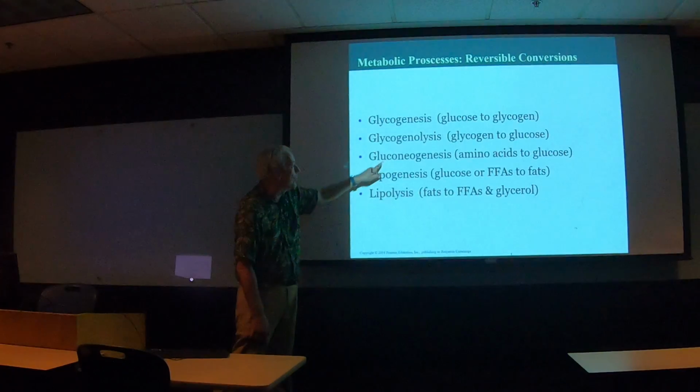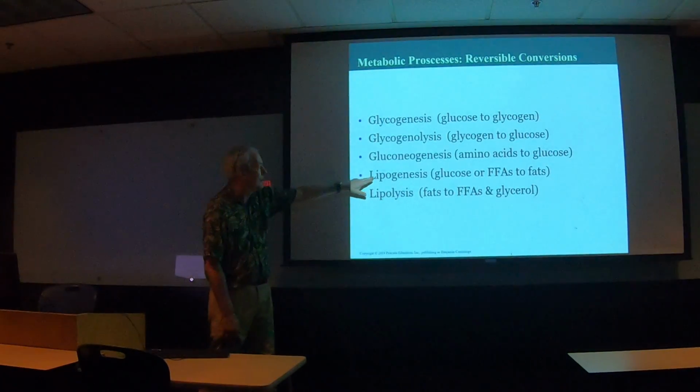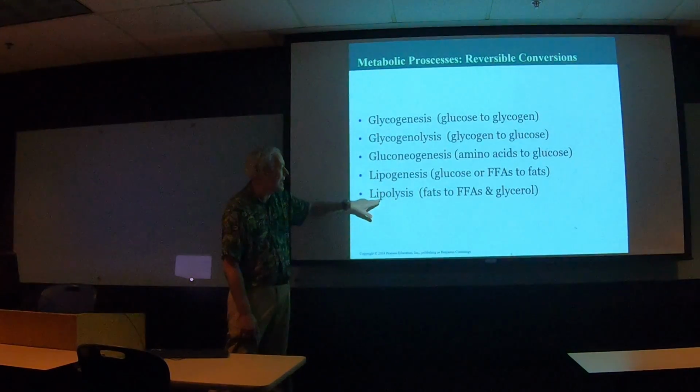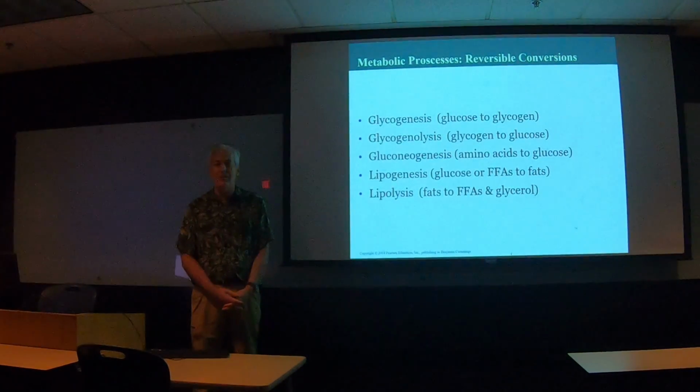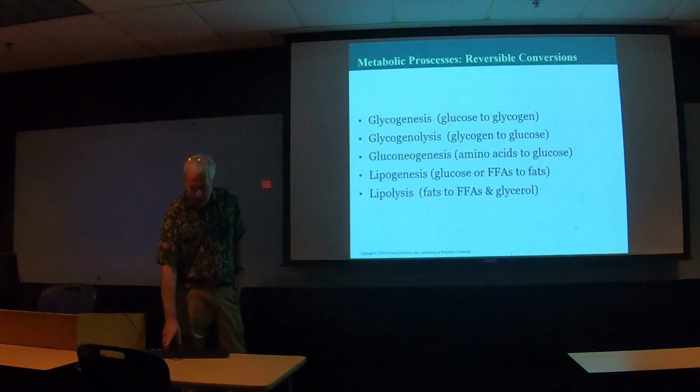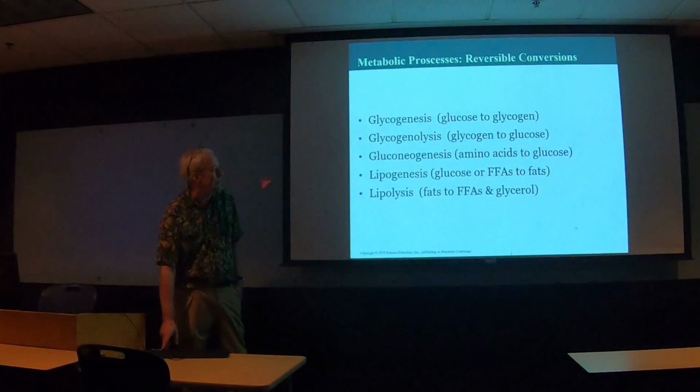Gluconeogenesis is the new formation of glucose. This is formation of fat, and this is breakdown of fat. And fat, in this case, is triglyceride. So remember, triglyceride has the 3-carbon glycerol backbone together with the fatty acids that are attached to it and esterified to it.